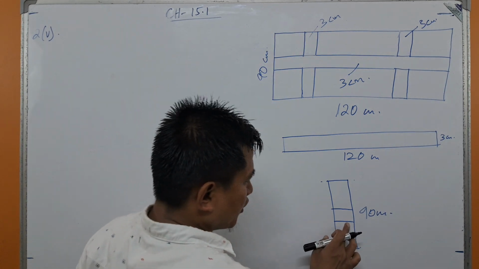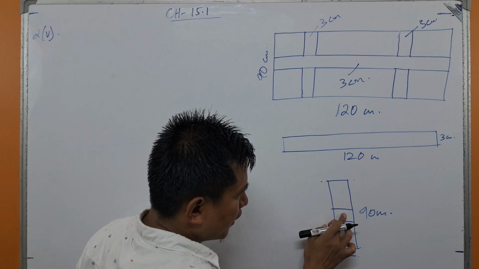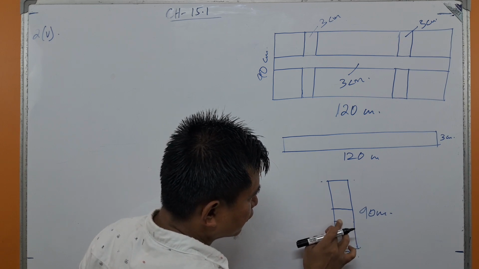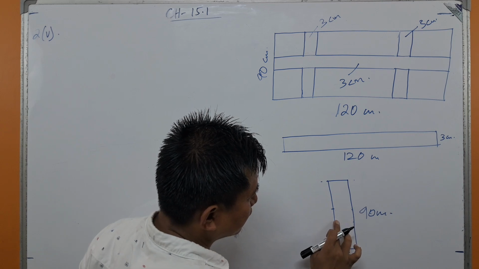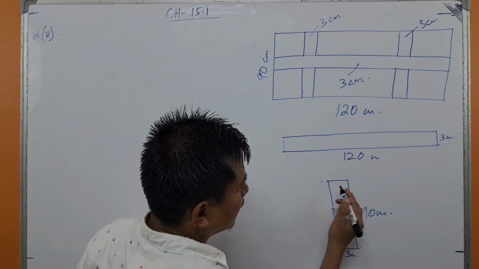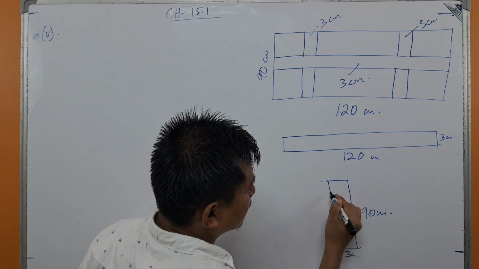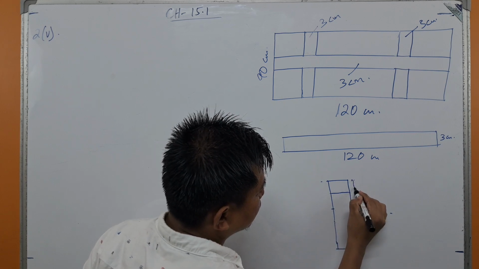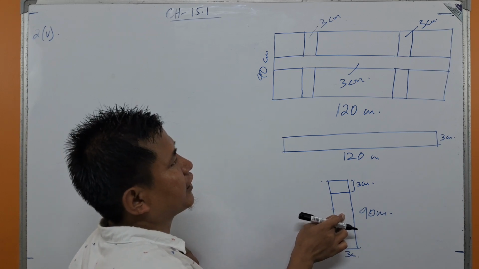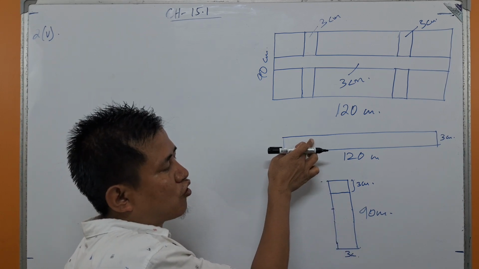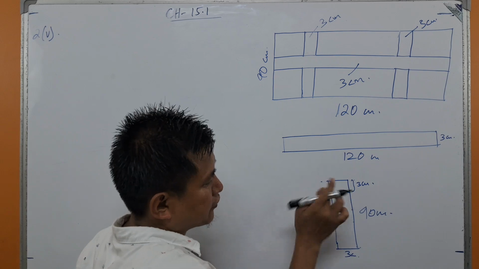So we assume this middle part is shifted to the top. For our simplicity, for our ease, I am shifting this middle part to the top here, 3 centimeter. The part which we have already calculated while calculating the area of this long rectangle is shifted to the top.